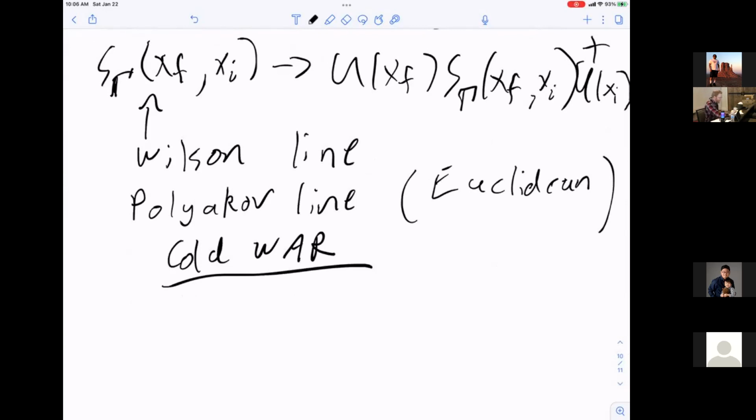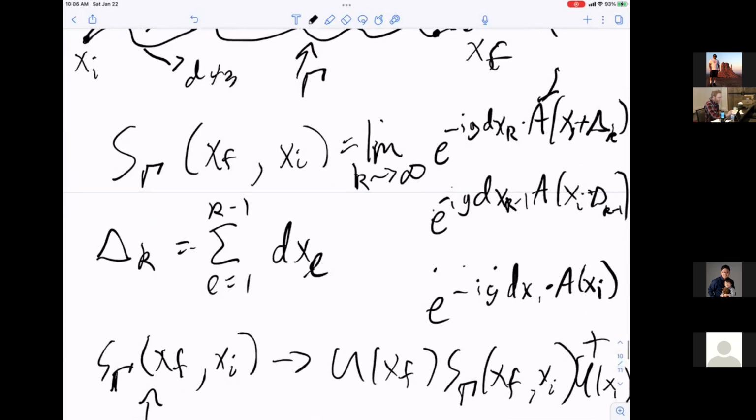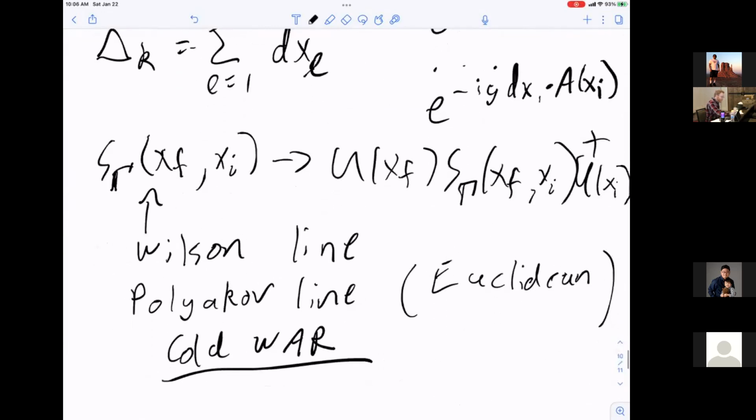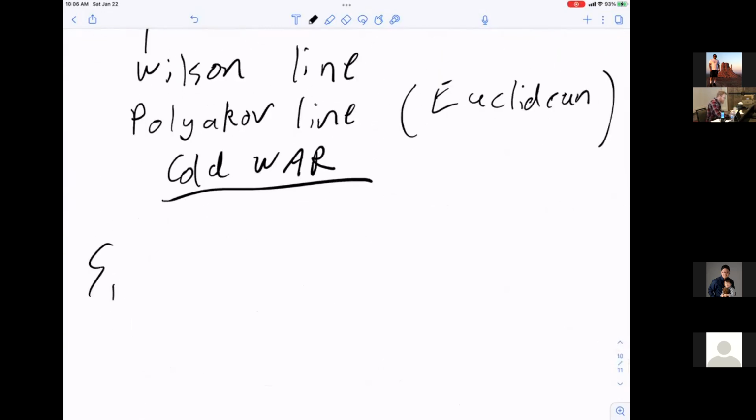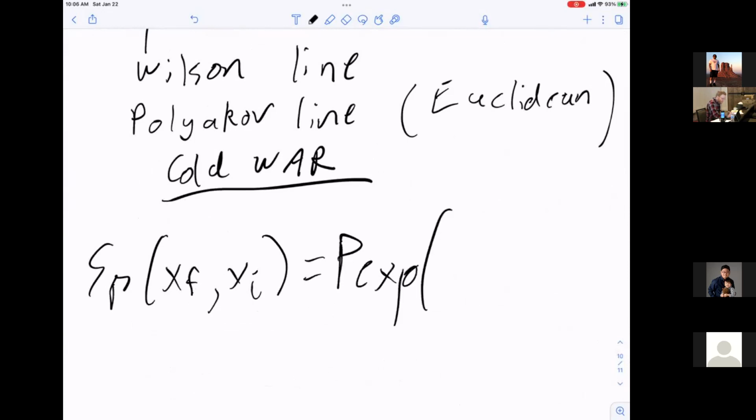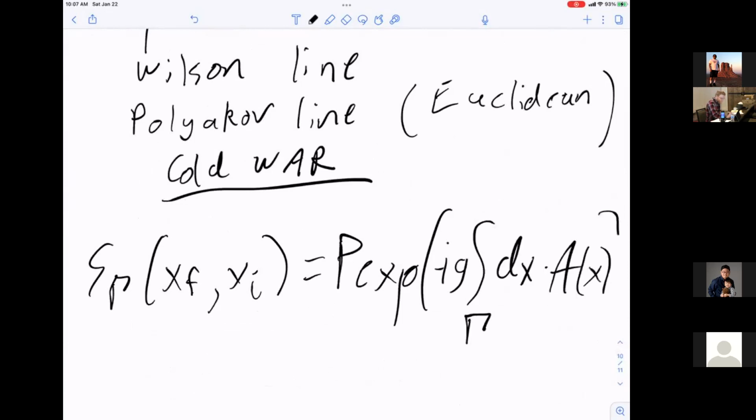That's a Wilson line. And normally we don't write it this way. But I wrote it this way to motivate for you why the object that we actually write down is what we call a path-ordered exponential. Normally what people would write is this object.